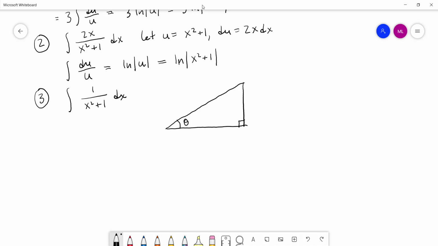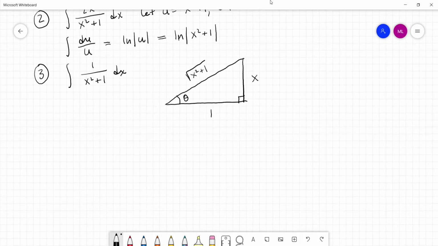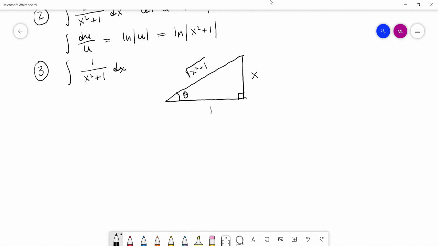So this length is going to be the square root of x squared plus 1. I'm going to put my x over here and my 1 over here then. So here's my triangle. This squared plus this squared will indeed be equal to this squared. And I can rewrite a couple of things. So for example, we get that in this case, cosine of theta is going to be equal to 1 over the square root of x squared plus 1, right?